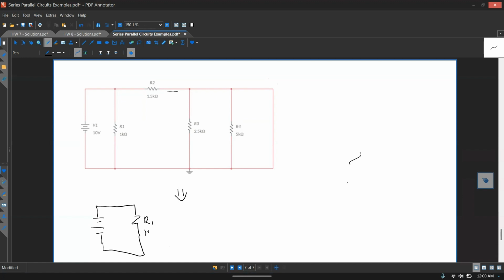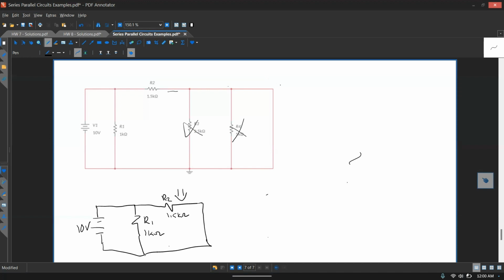That's your R1, which is 1 kilo ohm. R2, which is 1.5 kilo ohm. And this is just a short. So these guys are not even here because they're in parallel with this short right here.